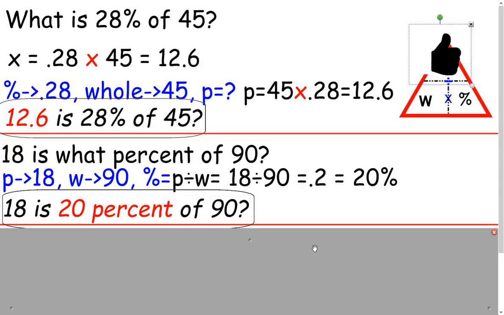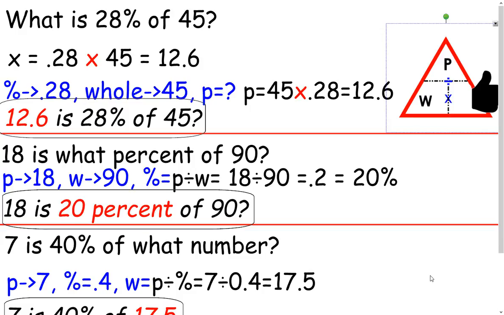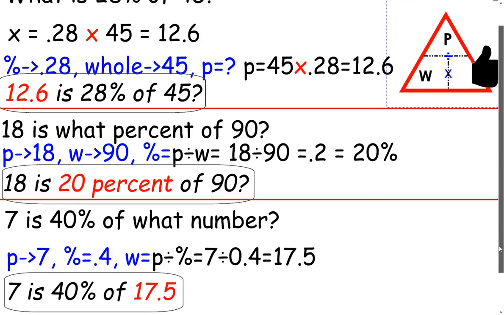Okay? 18 is what percent of 90? Covering this part up, so it's part divided by whole, and I get 20%. Last one says 7 is 40% of what number? I'm going to cover up my whole number. That's what I want. 7 divided by 0.4, and I get 17.5.